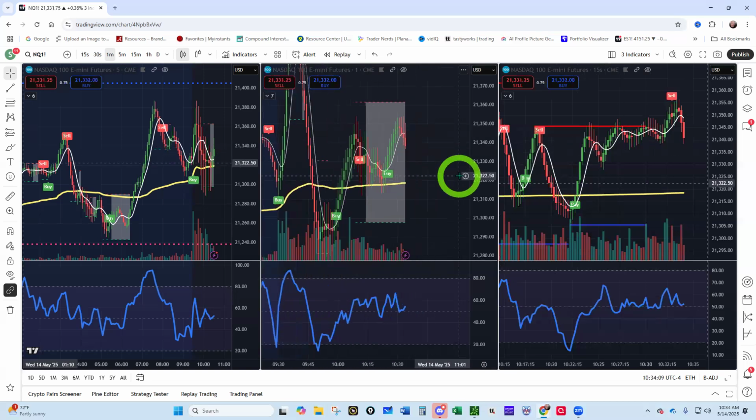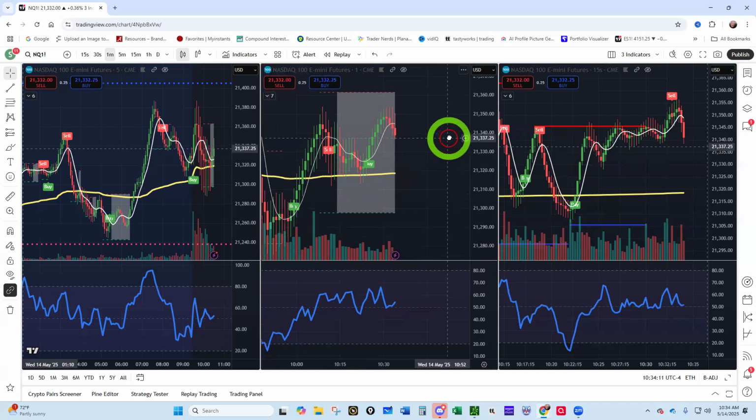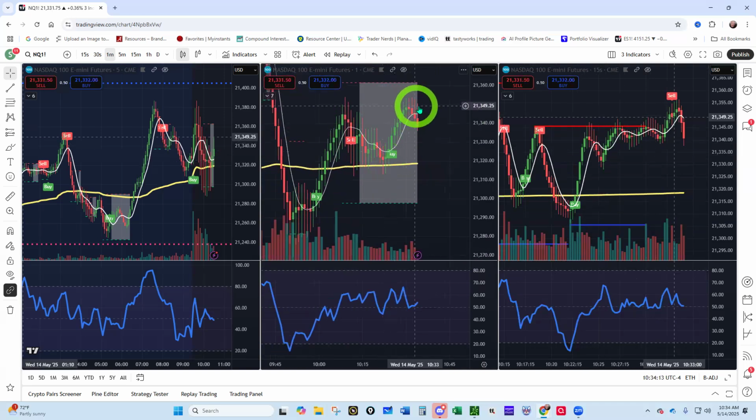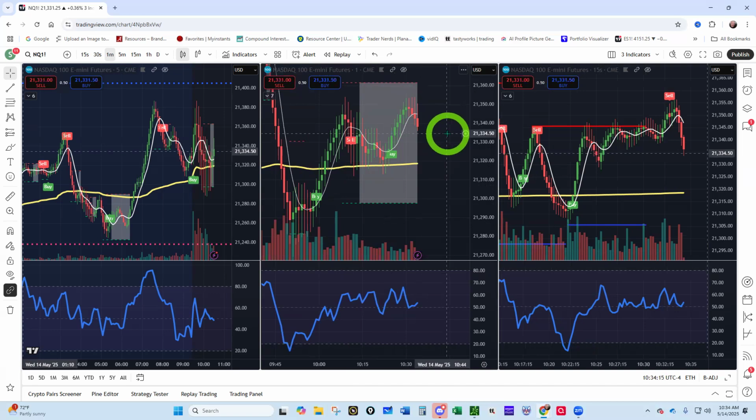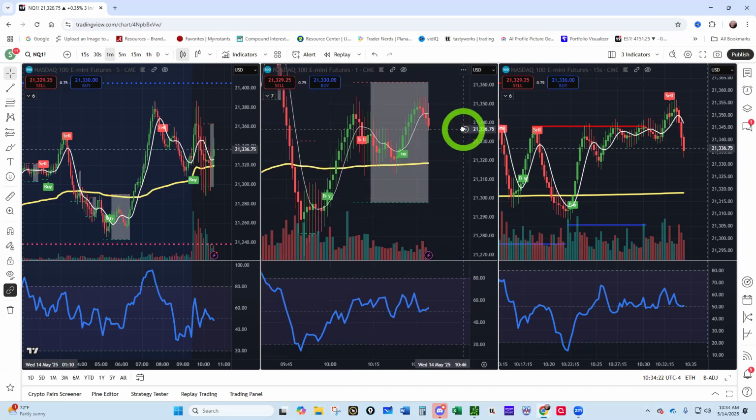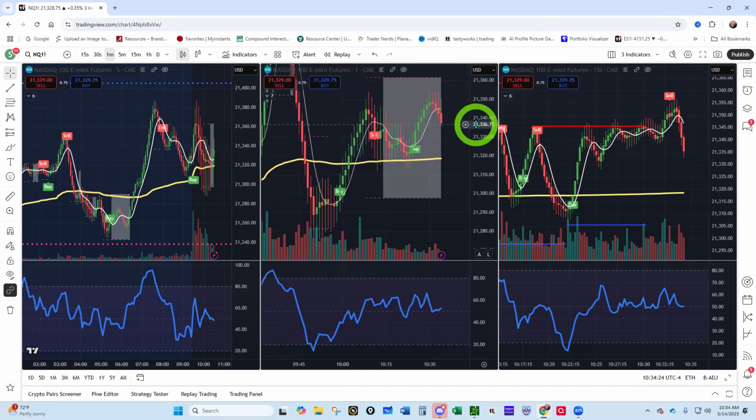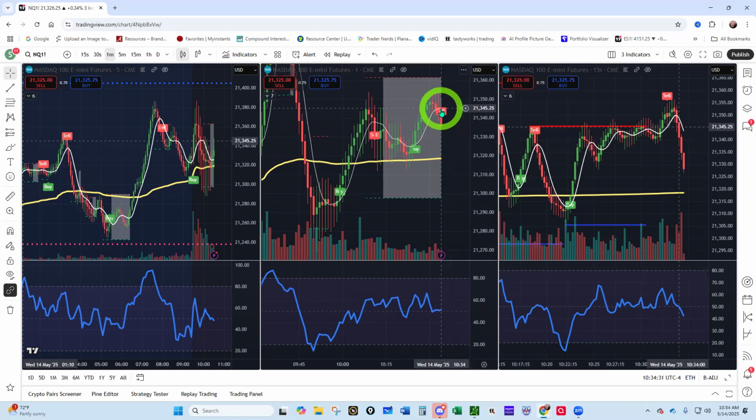The other way. What is the 1 minute doing? Just swooshing back and forth. We got a sale on the 15-second. Sale is flashing on the one. It's in that consolidation period, though. Yeah, mine was slightly out of it.